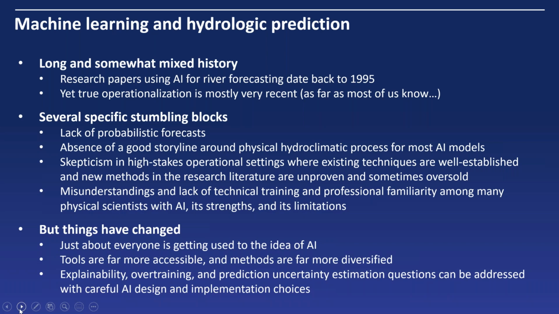So in the intervening couple of decades almost now, I've been continuing to work on and off on this area, and it's really been interesting to see how things have evolved or not evolved. The first papers using AI for river forecasting date back all the way to '95, and there have been some challenges mainstreaming that into operational hydrology and operational WSF specifically.